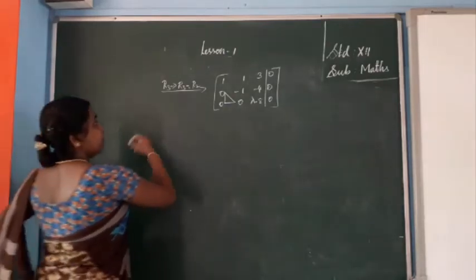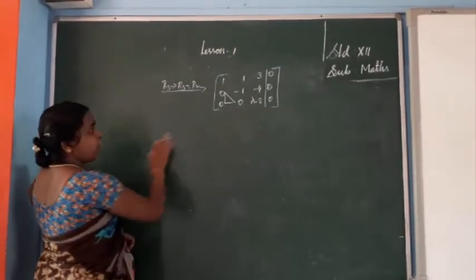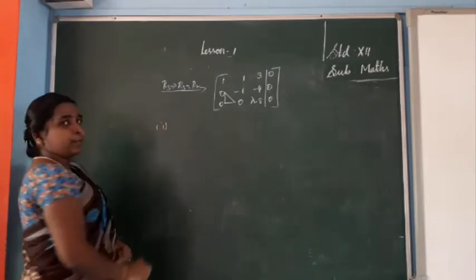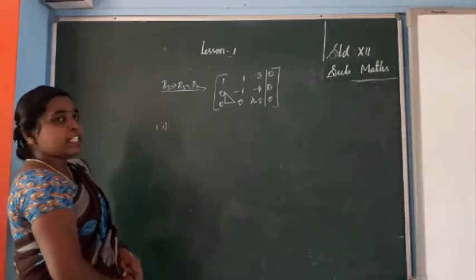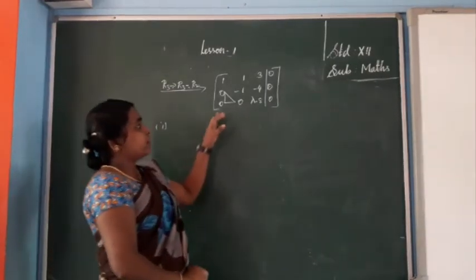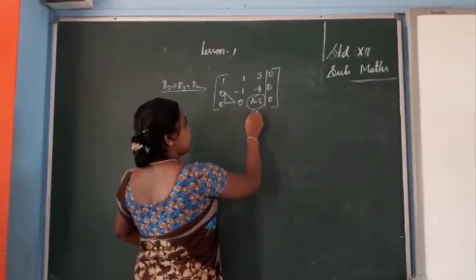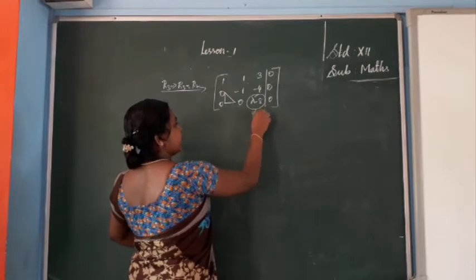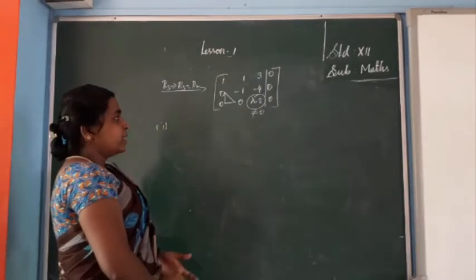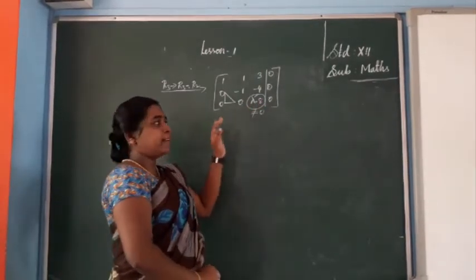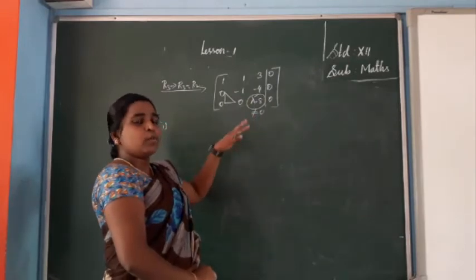Now you see, after writing this, you have to form two cases. First one is unique solution. Second one is non-trivial solution. Suppose lambda minus 8 is 0 or not equal to 0. First, it is not equal to 0. So if lambda minus 8 is not equal to 0, what will you get?